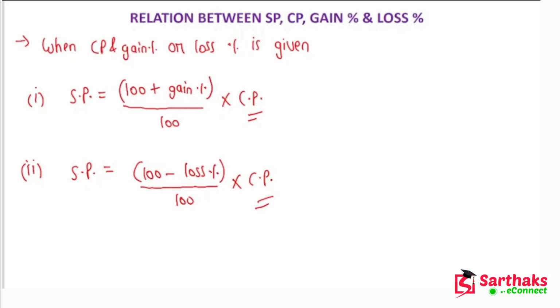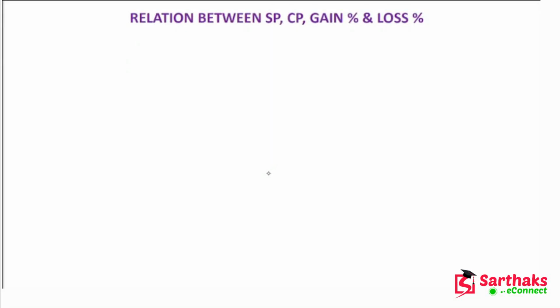Now let us talk about the relationship of cost price with selling price when gain percent or loss percent is given. So when selling price and gain percent or loss percent is given, what is not given?